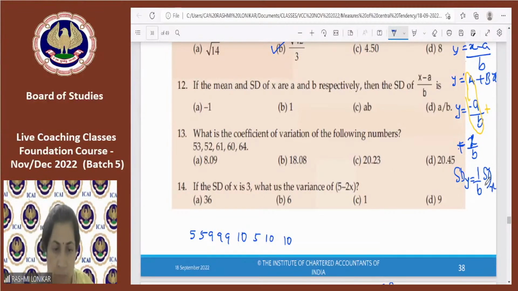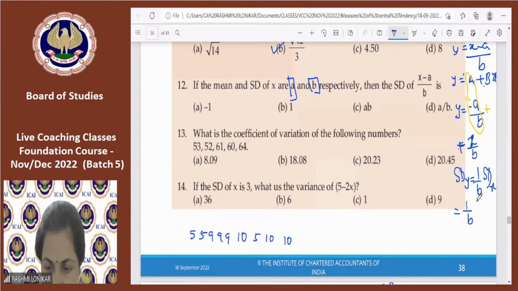Now the mean of x is a and the standard deviation is b. So b is given to you as the standard deviation, so I cannot use the same symbol. Here I have just written capital A, capital B. That is why. So standard deviation of y will be equal to 1 upon b. Standard deviation of x is how much?